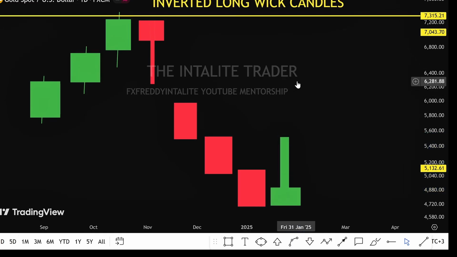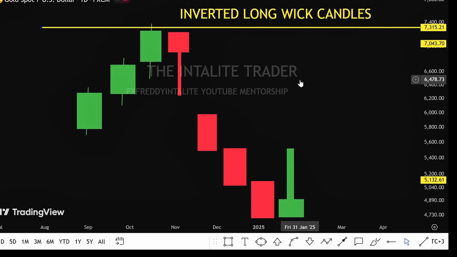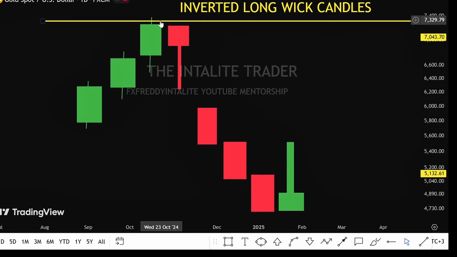In the last video, we said this can be regarded as a hanging man candlestick pattern, and then this one is an inverted hammer candlestick pattern. In the advanced way, we say this is an inverted long wick candle, or you can just take it as a long wick candle.